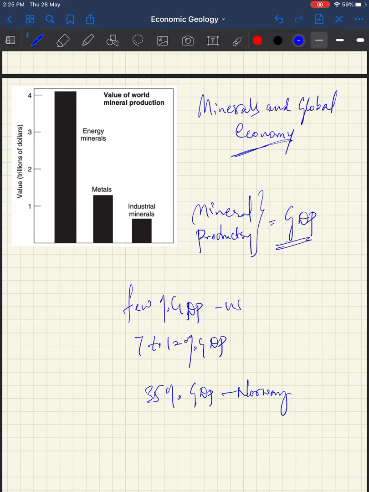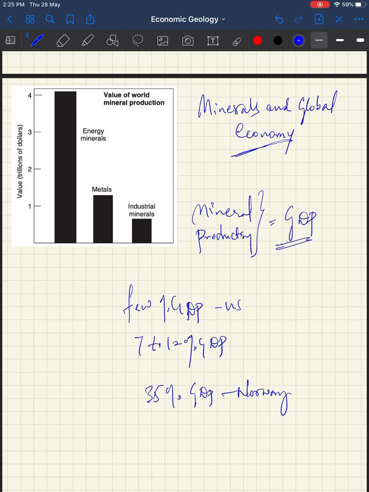So basically, the United States has a very limited contribution to its GDP in terms of its mineral production, whereas in terms of the finished manufactured mineral exports, it has a very huge contribution. So now that's interesting, isn't it?